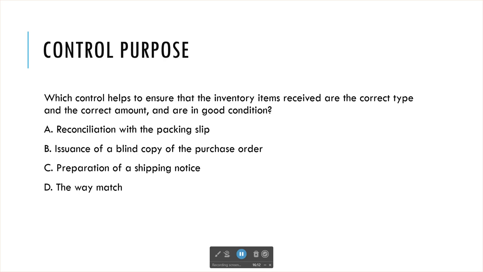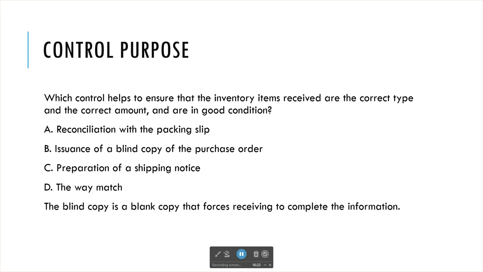Which control helps to ensure that inventory items received are the correct type, the correct amount, are in good condition? This is called a blind copy or a blank copy of the purchase order. So you would like for receiving to be picking up the items, counting the items, not just taking an estimate and assuming that the quantity that's written down on the purchase order is correct.